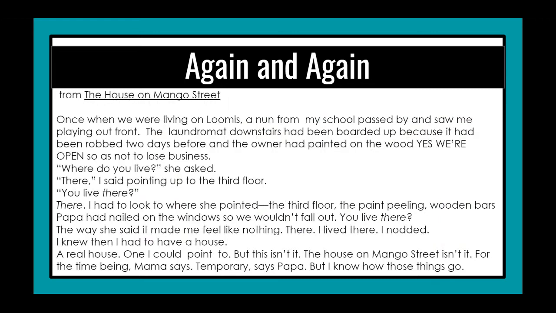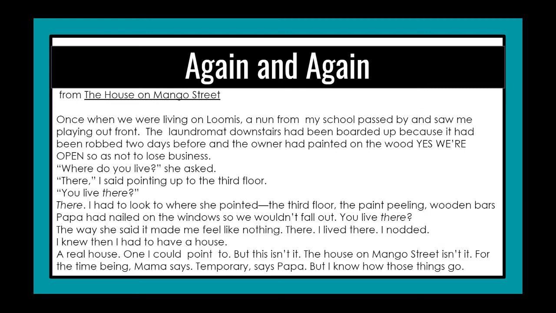Once, when we were living on Loomis, a nun from my school passed by and saw me playing out front. The laundromat downstairs had been boarded up because it had been robbed 2 days before, and the owner had painted on the wood, "Yes, we are open," so as not to lose business. "Where do you live?" she asked. "There," I said, pointing up to the 3rd floor. "You live there?" There. I had to look to where she pointed. The 3rd floor. The paint peeling. Wooden bars Papa had nailed onto the windows so we wouldn't fall out. "You live there?" The way she said it made me feel like nothing.